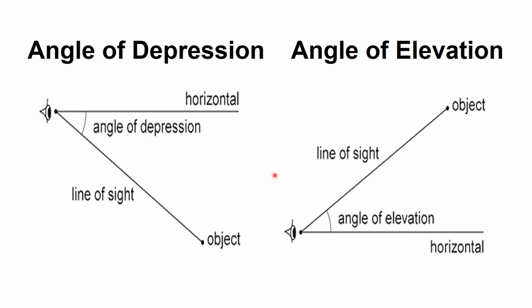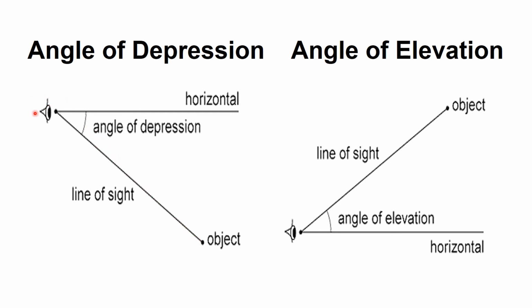Now, let us differentiate angle of depression from angle of elevation. Angle of depression is the angle from the horizontal down to the line of sight from the observer to an object below. As you can see in the illustration, this is the observer, this is the horizontal, and this is the line of sight.